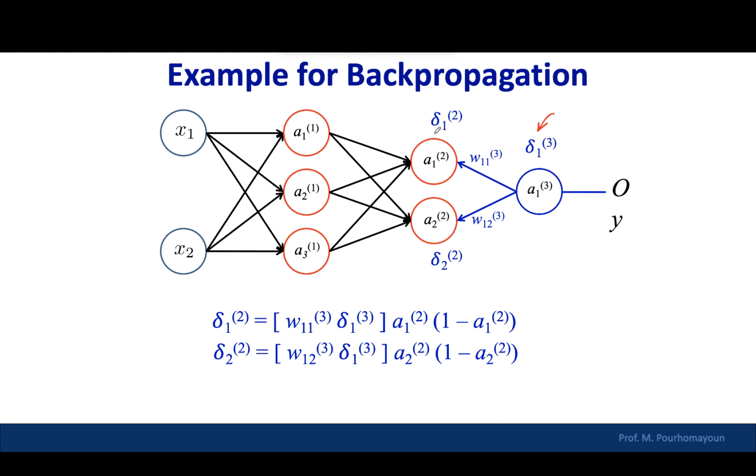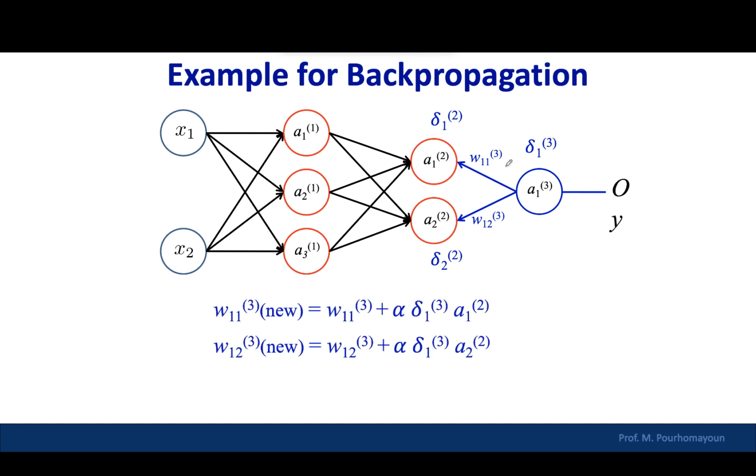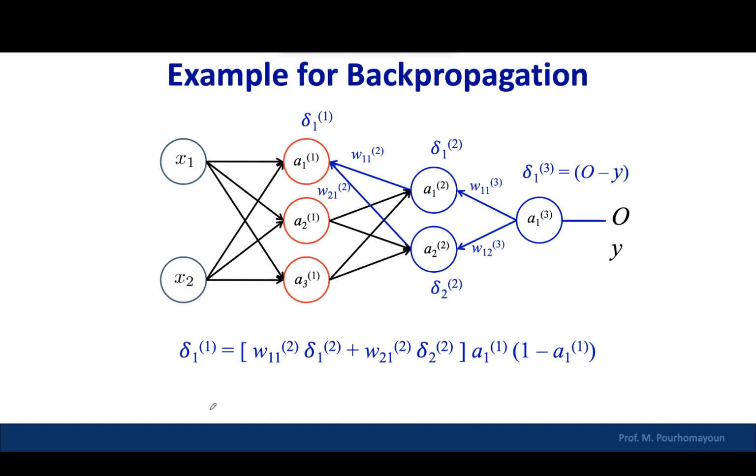And when I backpropagate the net error, I update my weights. So this was the old weight, this is the new weight. This was the old weight, this was the new weight of the network. So now I have new weights and continue backpropagation. Now I have error in this level, gradient error in this level.